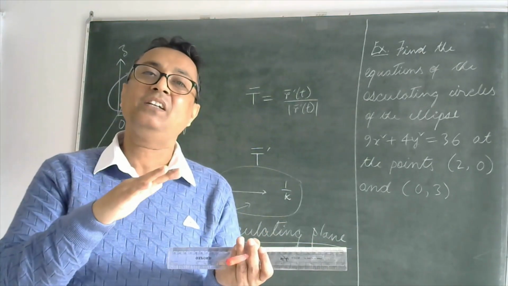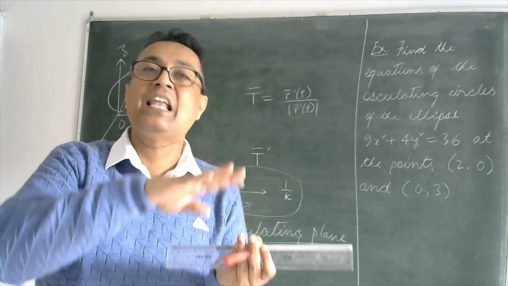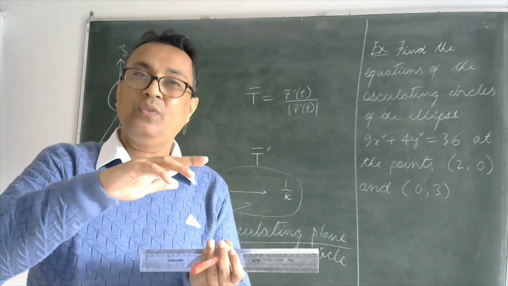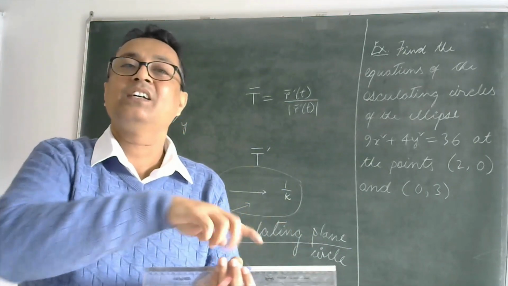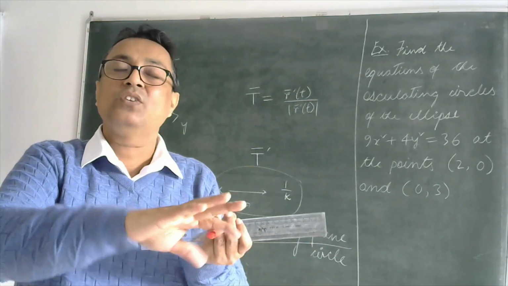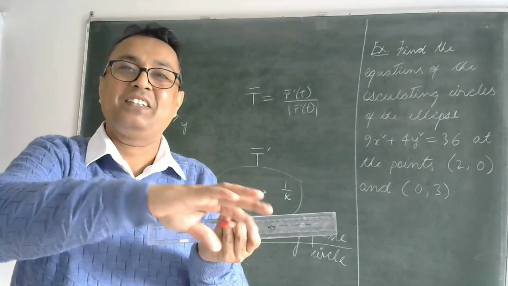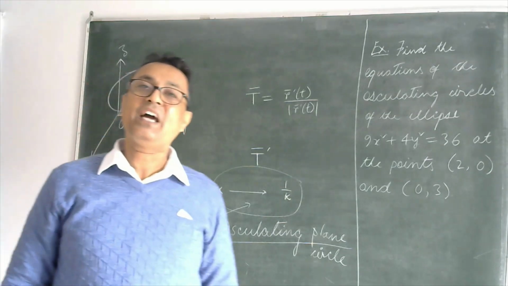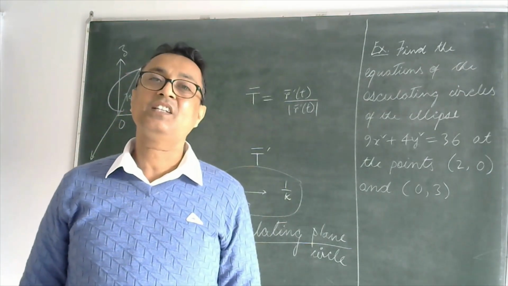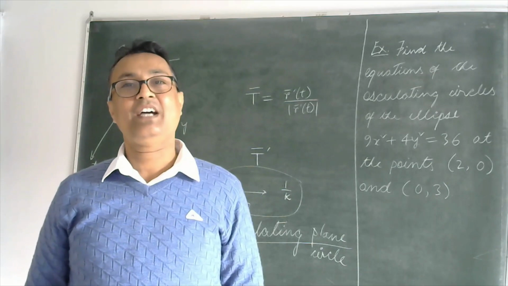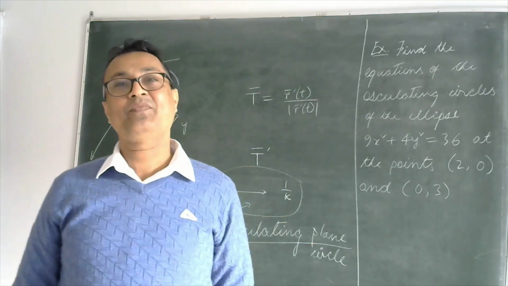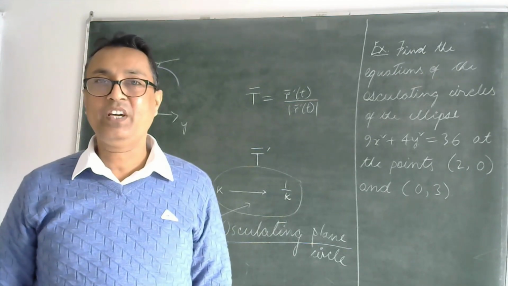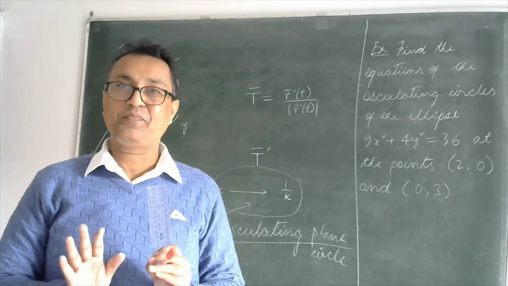We can consider a plane on which the two vectors lie, and the orientation of that plane is unique, determined by the tangent and normal vectors. That particular plane is called the osculating plane. The plane on which the tangent and normal to a curve lie is called the osculating plane of the curve at that particular point. Fine. So far so good, right?